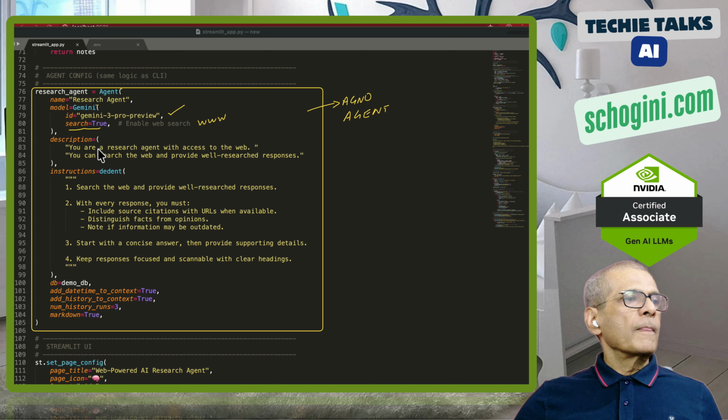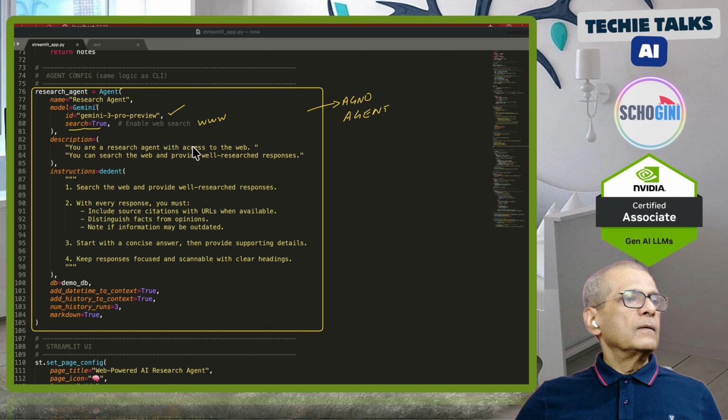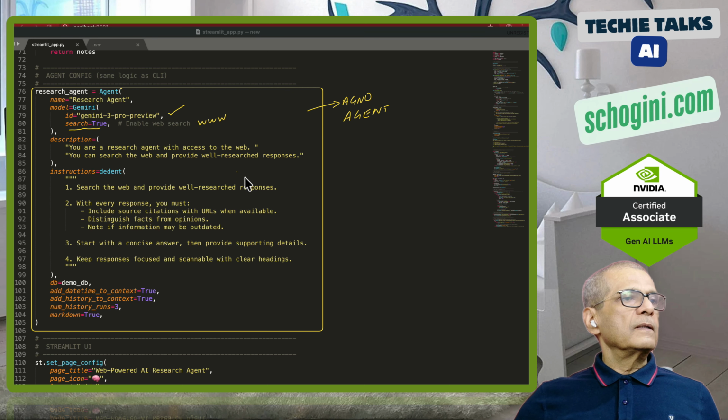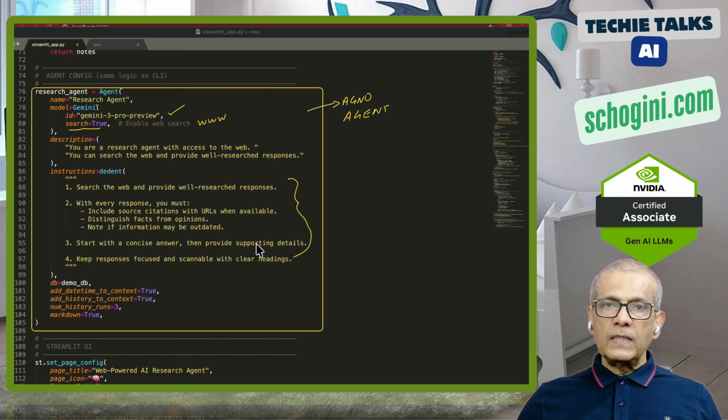That is it. And here we are giving a description for us to know what this does. And this is the important part which you can work on and make more and more significant and powerful. So use this as a starting point.